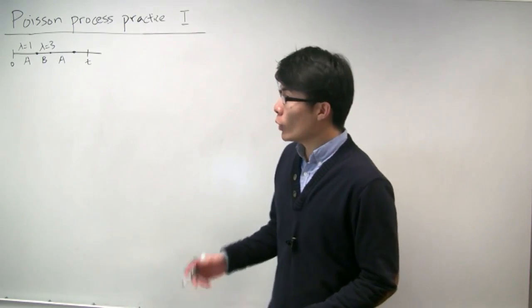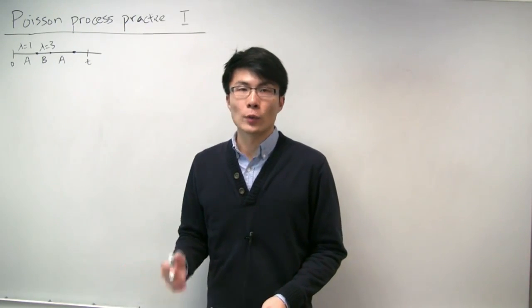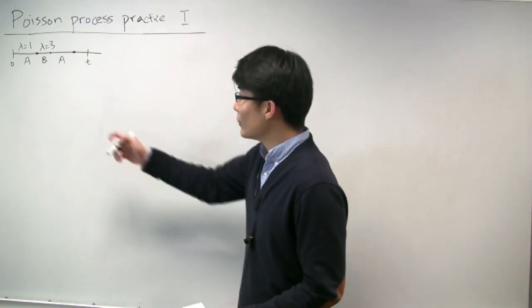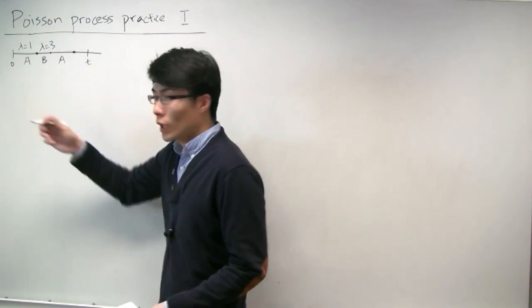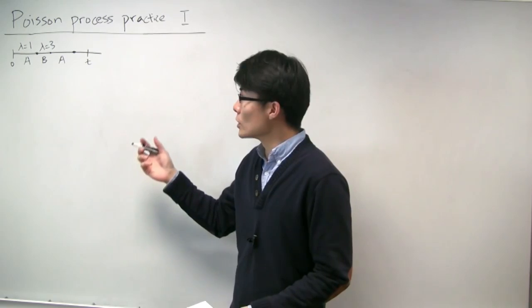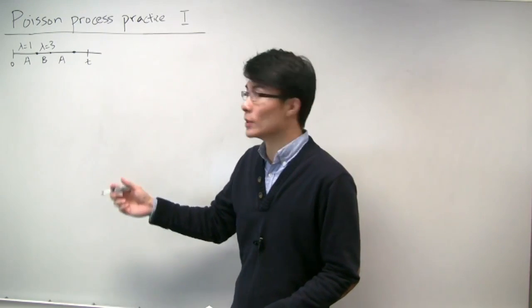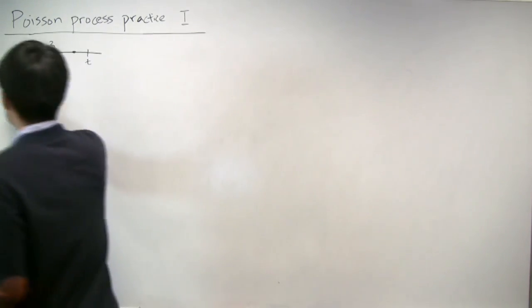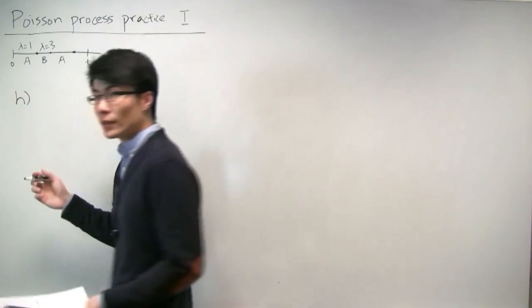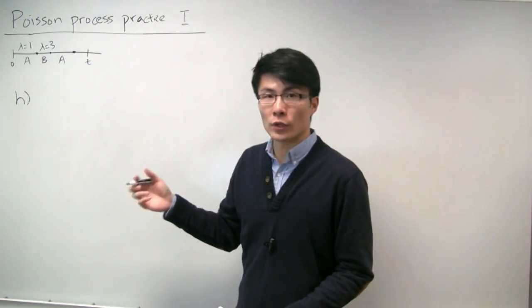In Part H, we want to find the probability that 2 type B bulbs combined last longer than 1 type A bulb. Type B bulbs last for an exponentially distributed amount of time with parameter 3, and all times are independent from 1 type B bulb to another type B bulb. And so when you have 2 of them put together, it's just adding 2 IID exponential random variables.